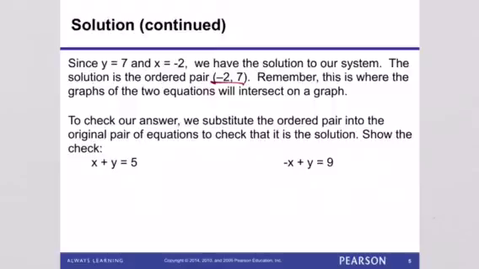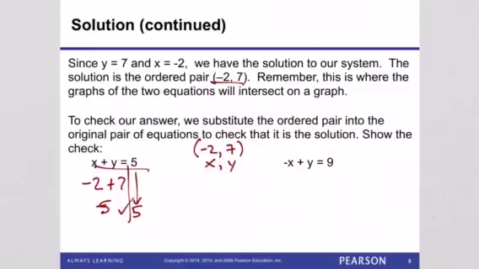So to check this, we have to substitute our solutions into both of the original equations, and it has to work. So here I have negative 2 plus 7 is supposed to equal 5. So negative 2 plus 7 is 5, which is equal to 5.